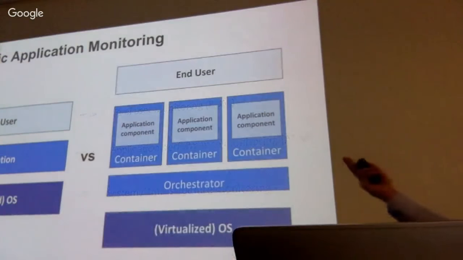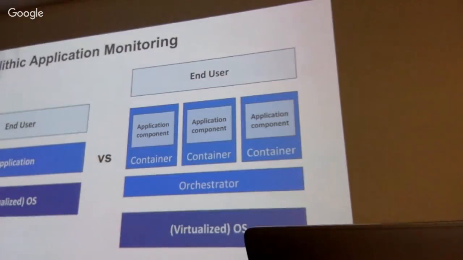Now, obviously, when using Docker containerized environments and using Kubernetes, for example, as an orchestrator, we have more challenges here. We now have this new layer, called the orchestrator, as you all know well. So we need to understand how this orchestrator is behaving. What is it doing?